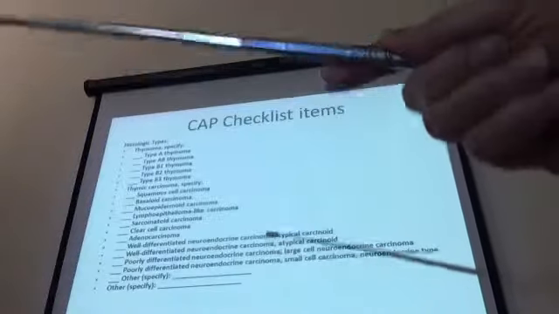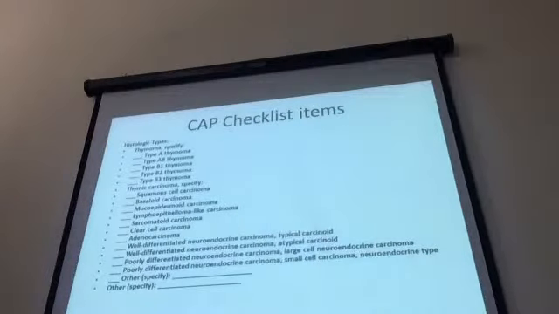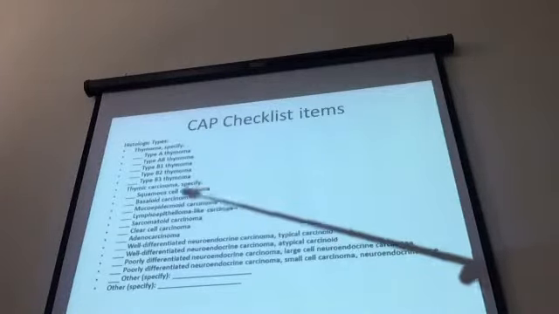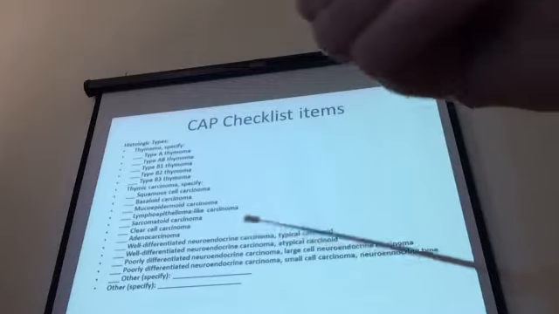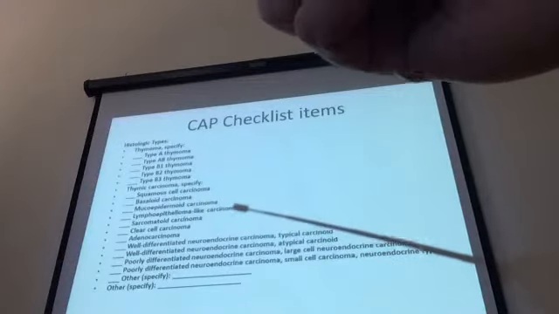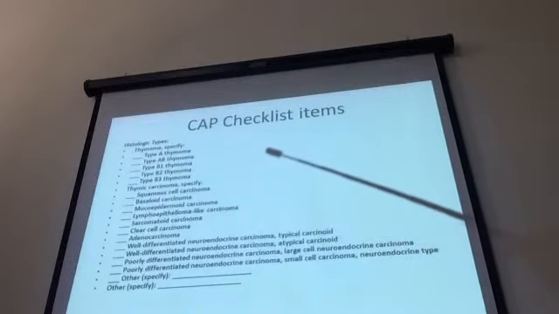The same story, though, for neuroendocrine tumors here that we've used in the head and neck and in the GI tract. Of these thymic carcinomas, there are some differences. So lymphoepithelioma-like has different features in terms of prognosis than some of the other ones. So it is important to tell these apart.